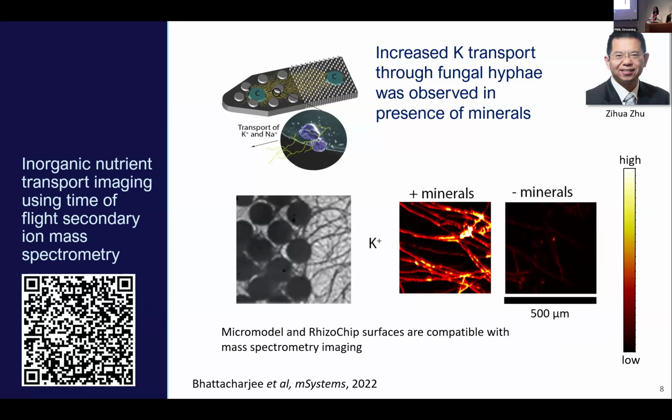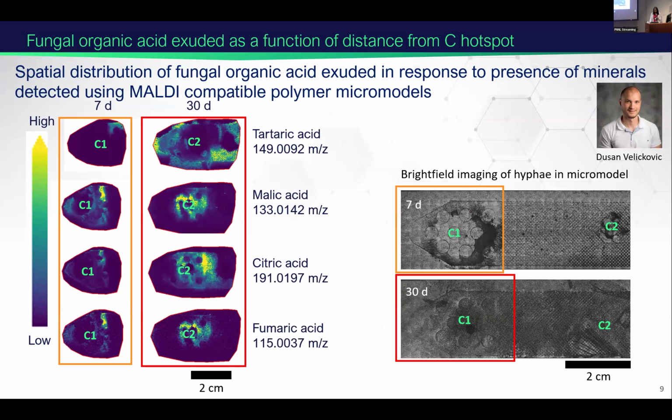We characterized using TOF-SIMS, looked at what the fungi was translocating in the fungal hyphae, for example, potassium. And then we did mass spec on the chip itself, where we looked at the presence of different organic acids made by the fungi. And then further, we characterized this particular sample by sending it to SSRL, where we looked at the potassium chemistry within the fungal hyphae.